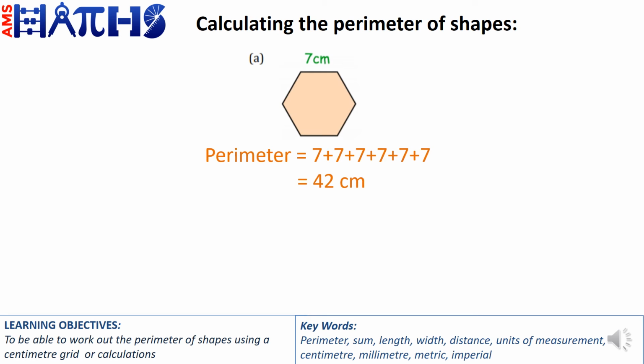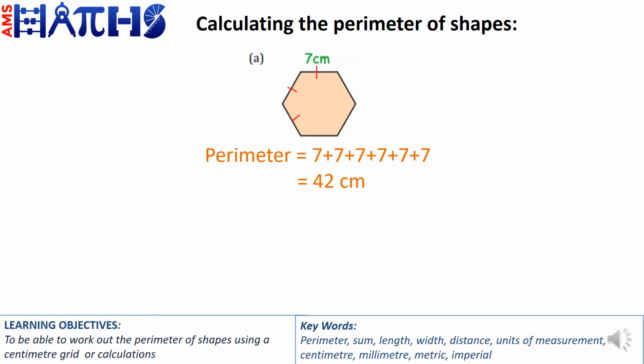Here we have a hexagon, and it's a regular hexagon. Previously we looked at an example of a regular shape. Now a regular shape is one where all the lengths of the sides are the same. Sometimes it can be indicated that the sides are the same length when we have marks on the sides.